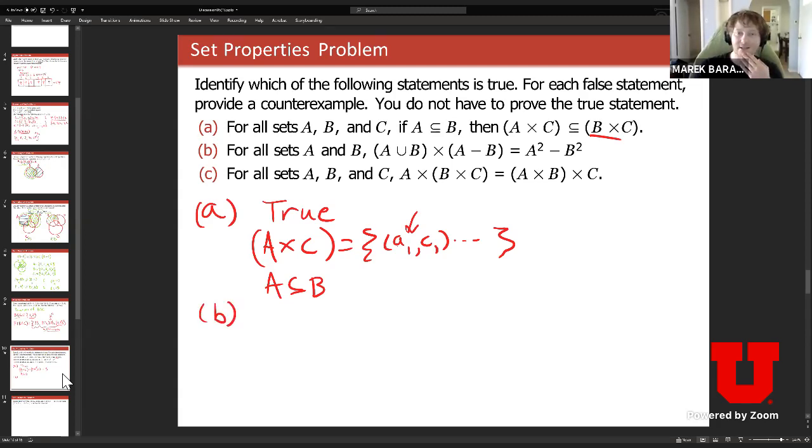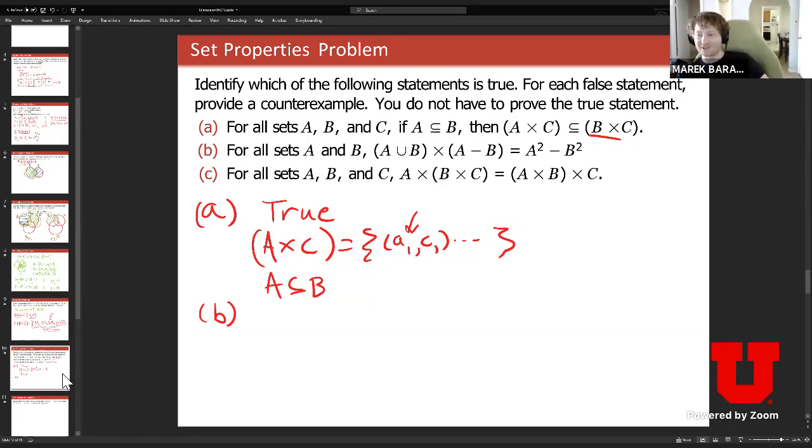B is this. So this says for all sets A and B, (A union B) cross (A minus B) is equal to A squared, or A cross A, minus B cross B. I guess this is supposed to be like a geometric or algebraic identity.